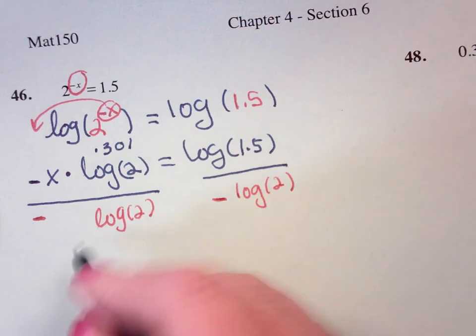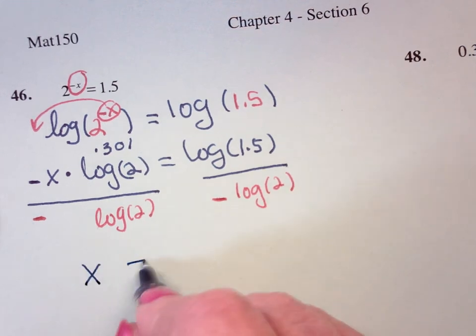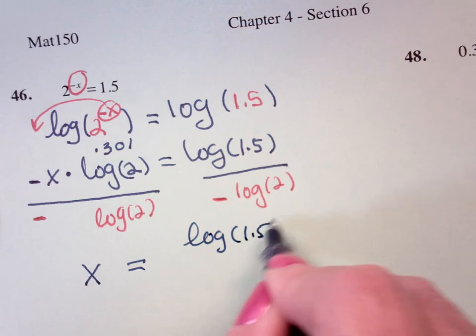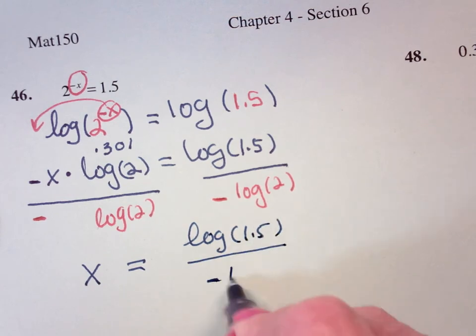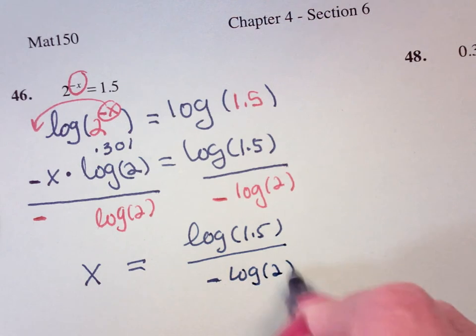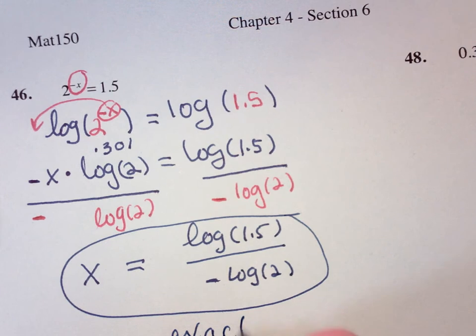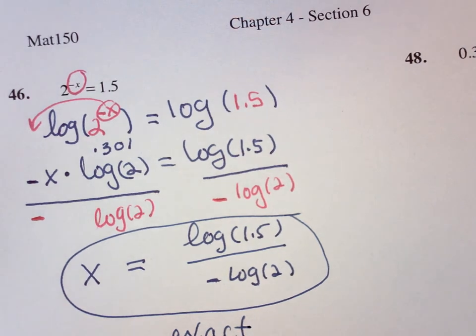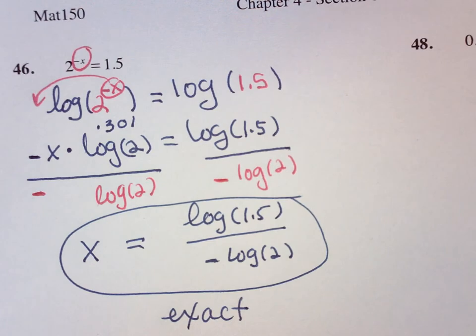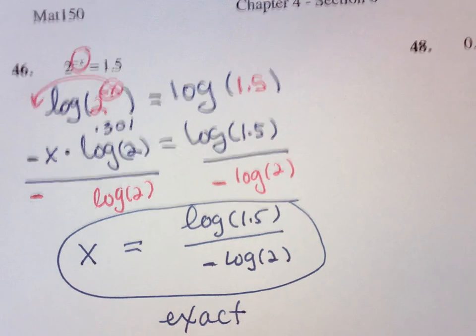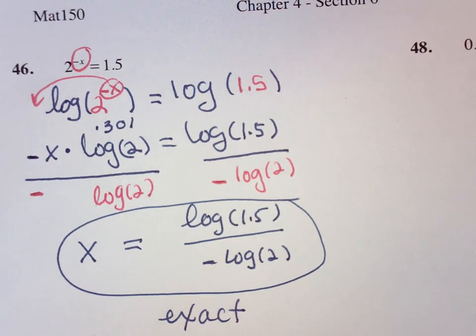So that means that x itself is the log of 1.5 divided by the opposite of the log of 2, and this is an exact answer. If you changed anything to decimals, then you would have an approximate answer. And I could calculate that out with my calculator.